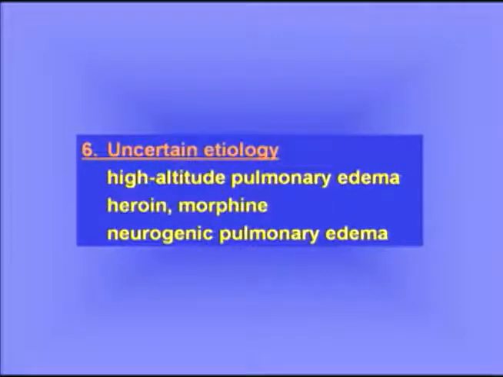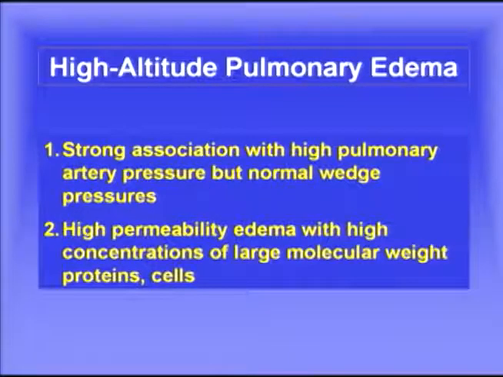There are some types of edema where the cause is uncertain. And I'm going to say a few words about one of those. That's high altitude pulmonary edema, because it's a very interesting topic and it's only been sorted out in the last few years. Turns out that when people go to high altitude, they may develop high altitude pulmonary edema. It's actually a potentially lethal condition, and incidentally the treatment is to come down as quickly as possible.